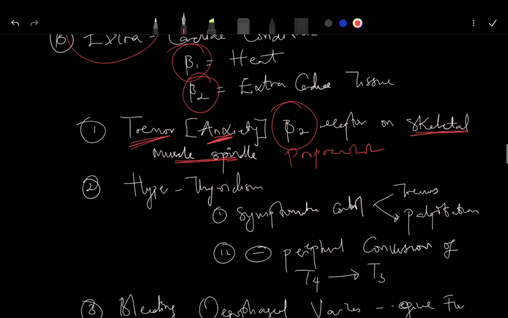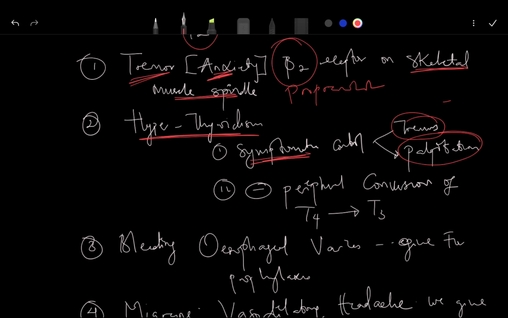Then also in hyperthyroidism, we can give beta blockers. To control the symptoms of hyperthyroidism like tremors and palpitations, we give beta blockers. The tremor will block beta 2 receptor, and the palpitation will block beta 1.